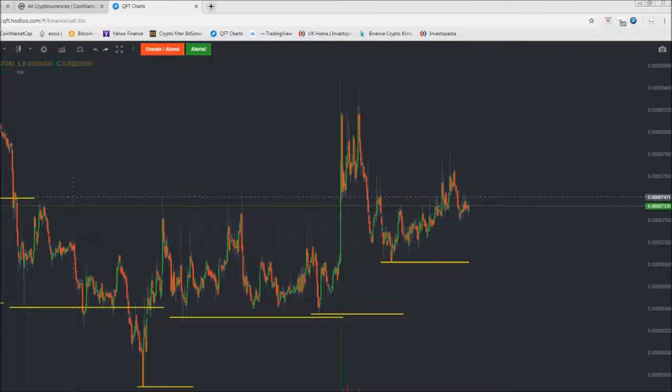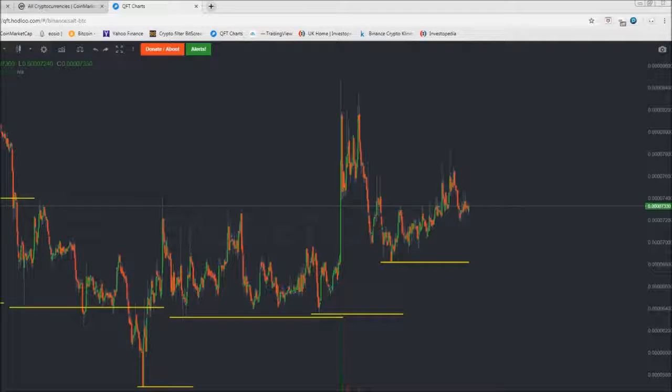I need to look at times in the past where it used that support line or that floor, or where it used that ceiling, in fact, and try and project those across to present day to make an informed decision. I'm not trying to guess what's going to happen here. What I'm trying to do is minimize the risk I put into my trade.